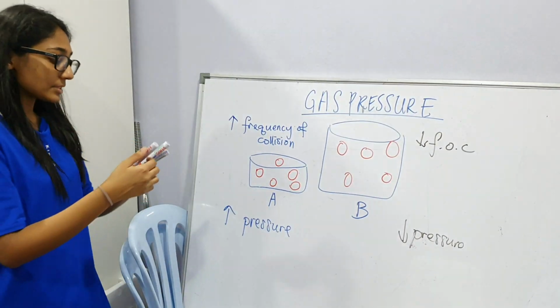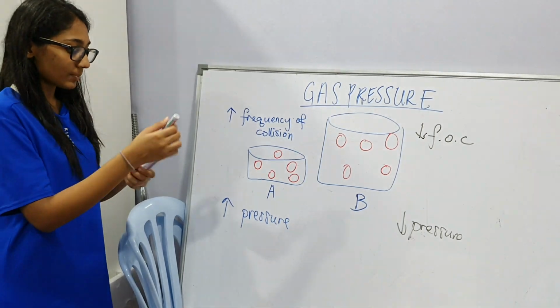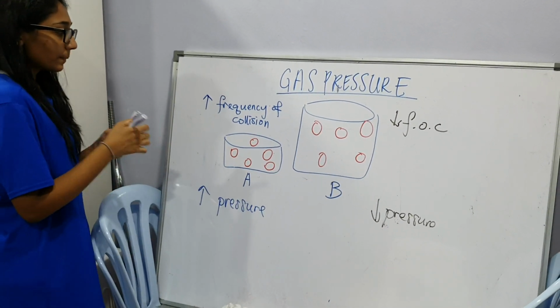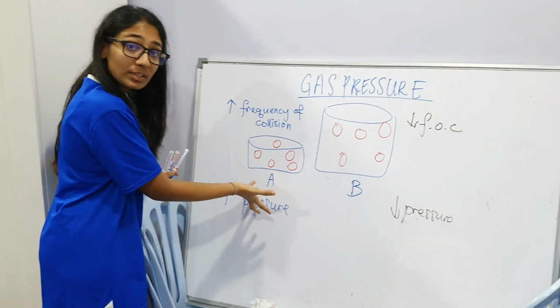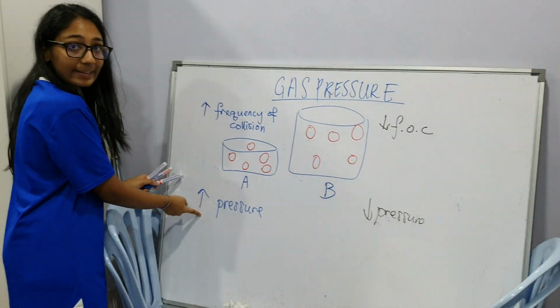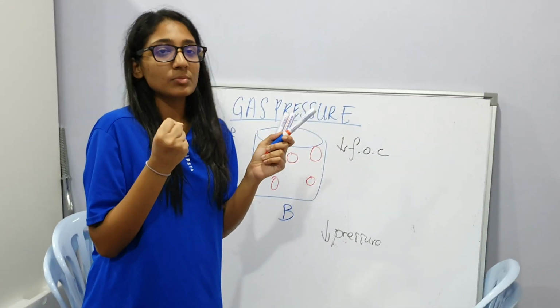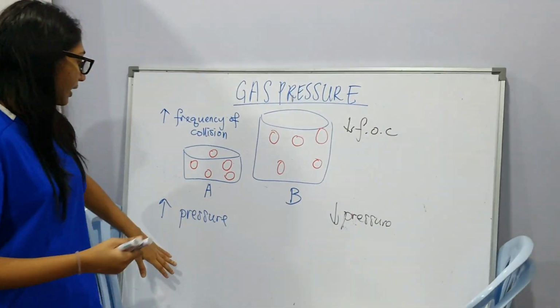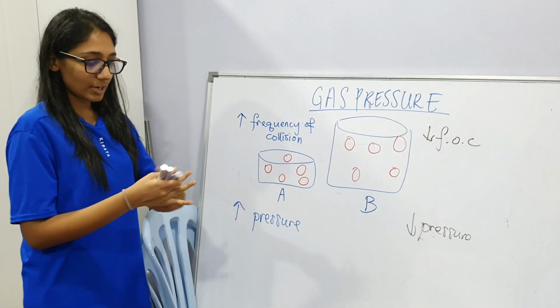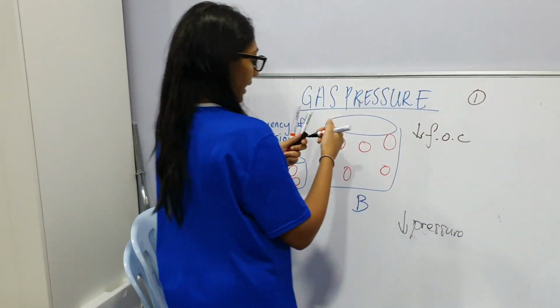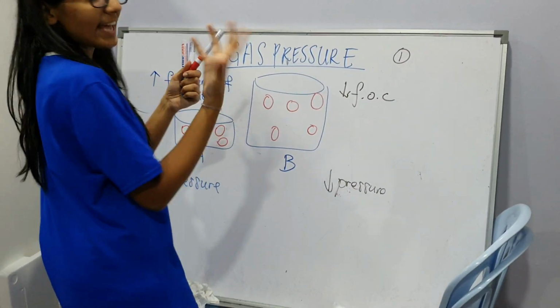So this comes to a conclusion, a relationship between volume and pressure. The smaller the volume, the higher the pressure. Smaller volume, smaller space to move. Because of the smaller space to move, the particles are so stressed up, so they experience higher pressure. So this is the first relationship we are looking at for gas pressure, gas law.